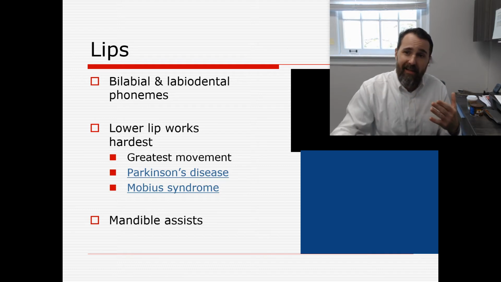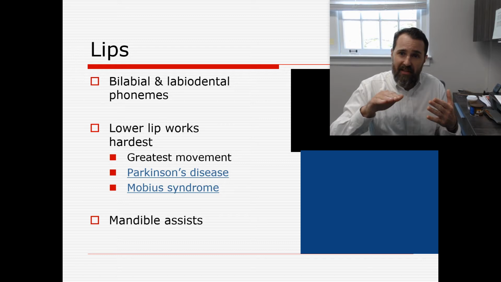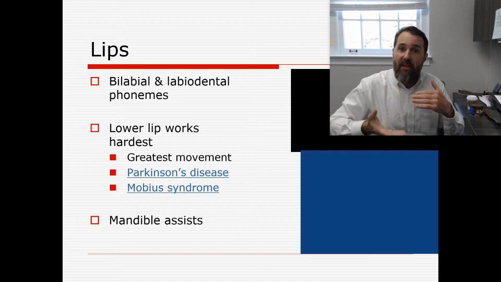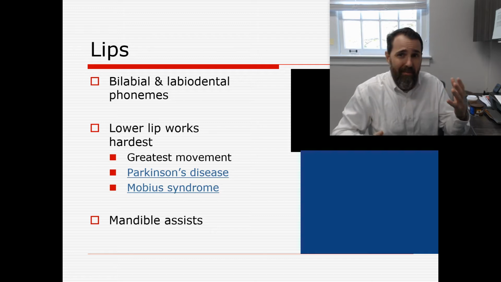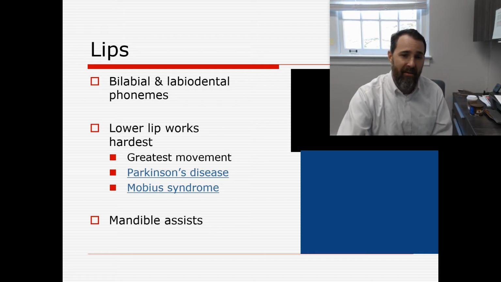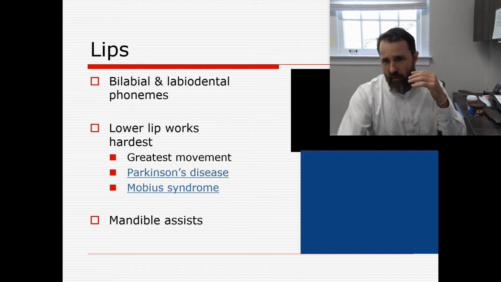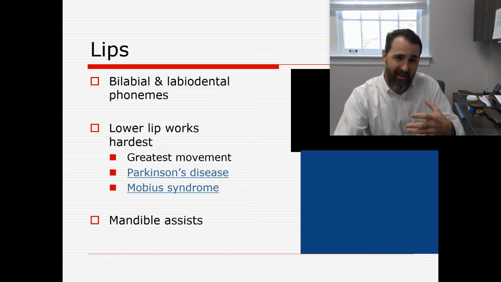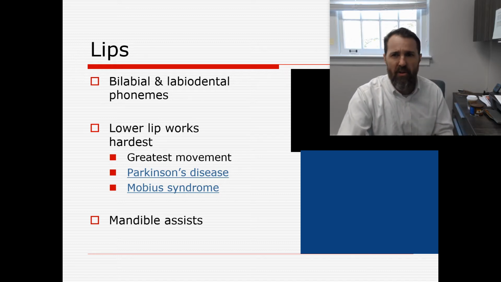So when you're speaking, the lower lip is moving itself, but also the mandible is moving up and down, therefore helping to move the lower lip and the tongue in the oral cavity. So as you're articulating, the lower lip is really carrying most of the workload of articulation at the lips.